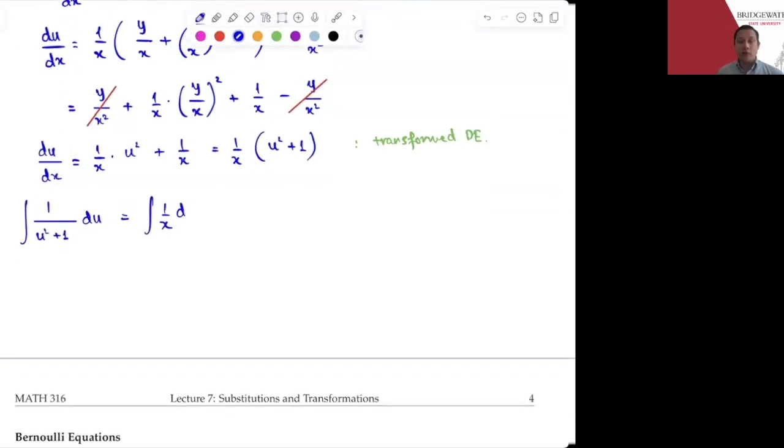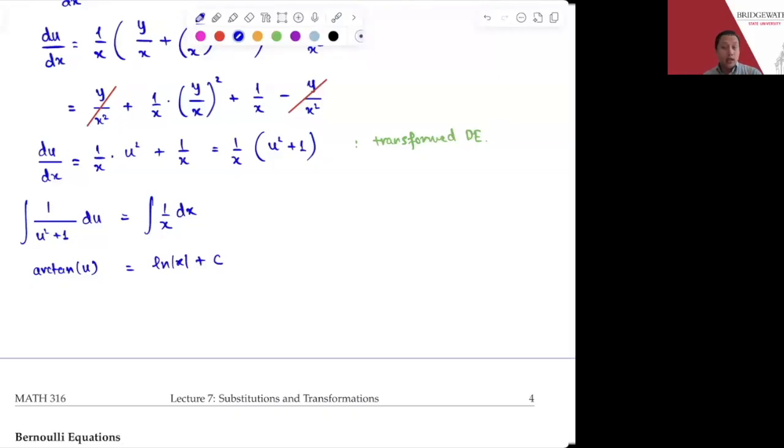This is separation of variables. And the antiderivative of 1 over u squared plus 1 is arctangent of u. Again, the formula sheet for this type of integral formula is given in lecture 0. You can go back to lecture 0 to see the formula. And the antiderivative of 1 over x dx is ln of the absolute value of x plus a constant c.